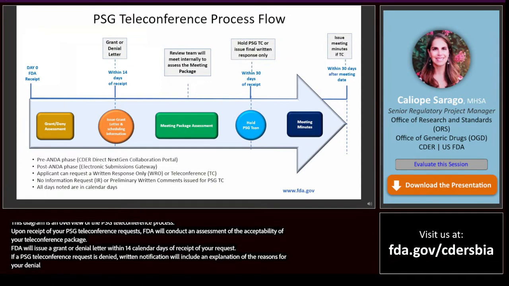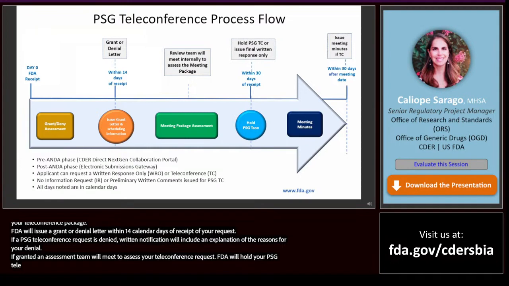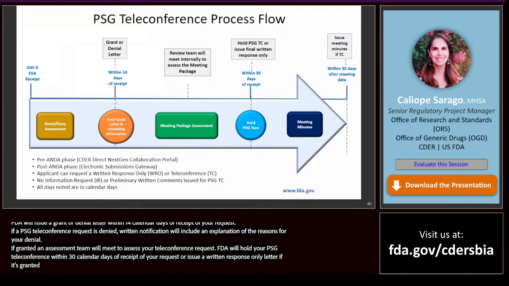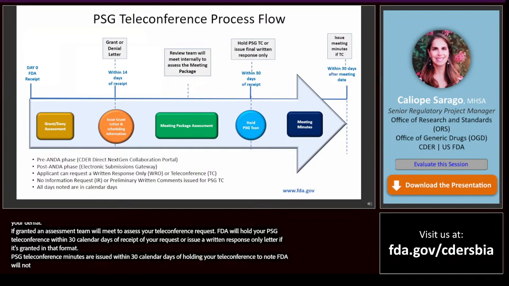If granted, an assessment team will meet to assess your teleconference request. FDA will hold your PSG teleconference within 30 calendar days of receipt of your request or issue a written response-only letter if it's granted in that format. PSG teleconference minutes are issued within 30 calendar days of holding your teleconference. To note, FDA will not issue an information request or preliminary written comments for a PSG teleconference.